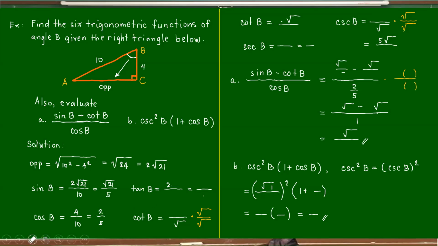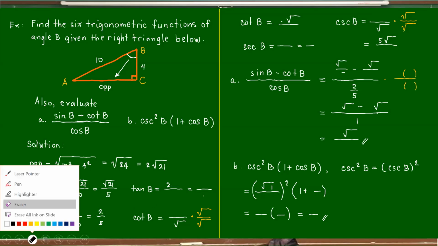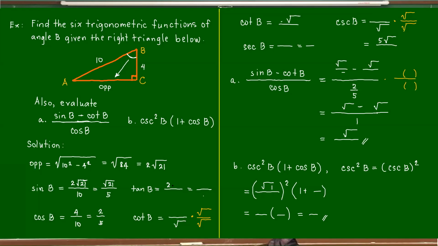So that is 2 square root of 21, over what? Is that correct? Opposite over adjacent. What is adjacent? 4. Okay? So giving square root of 21 over, what's the value?